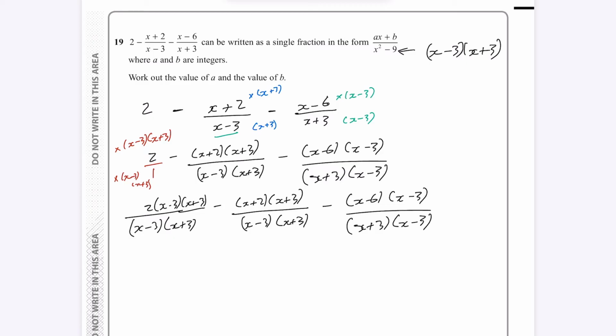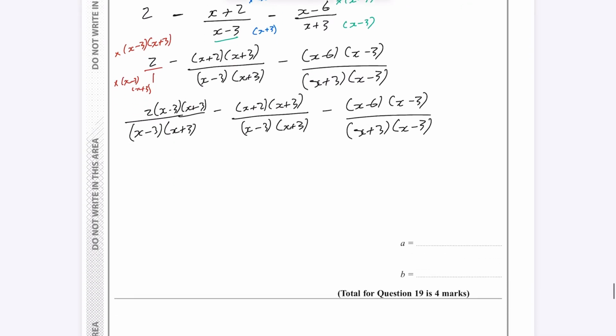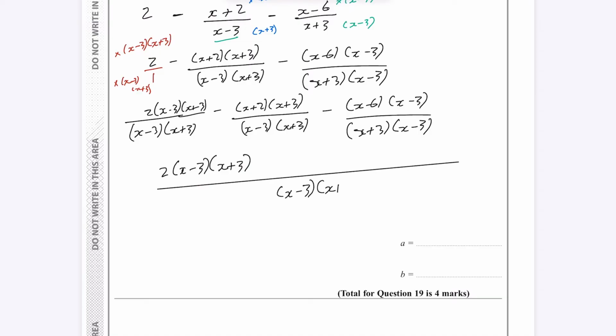Because all the denominators are the same, I can now write that as 2(x minus 3)(x plus 3) over the common denominator (x minus 3)(x plus 3), and then minus (x plus 2)(x plus 3), minus (x minus 6)(x minus 3).